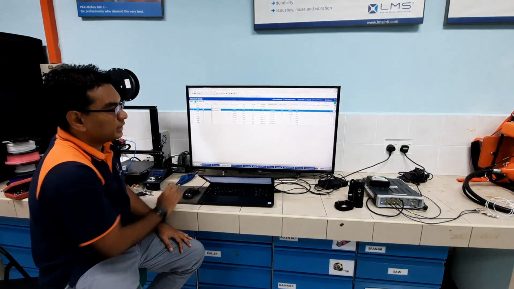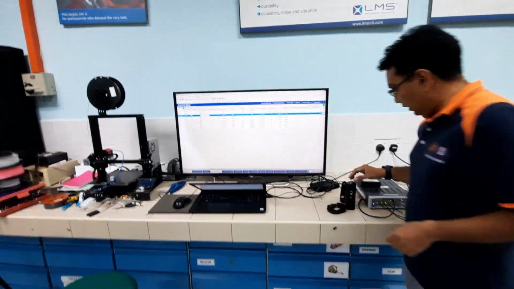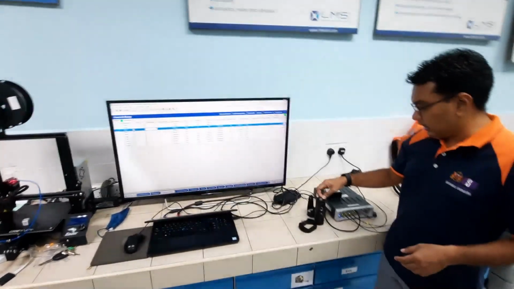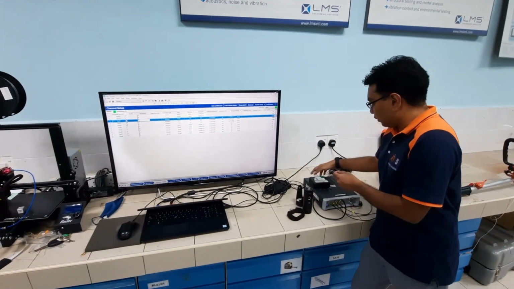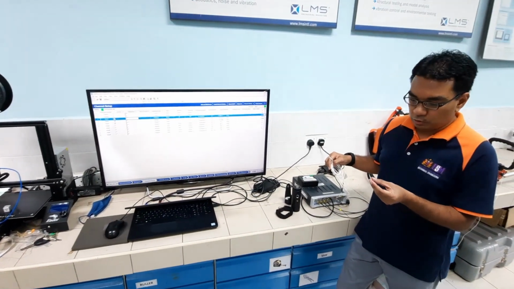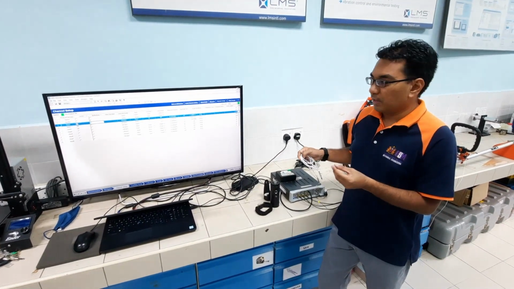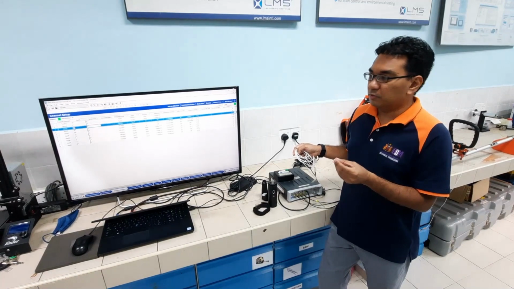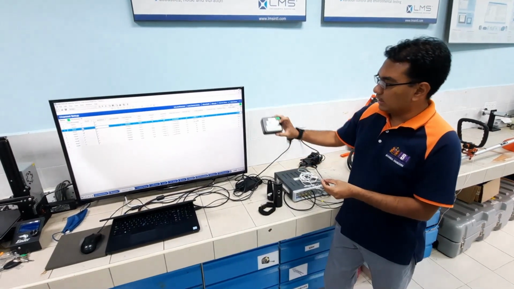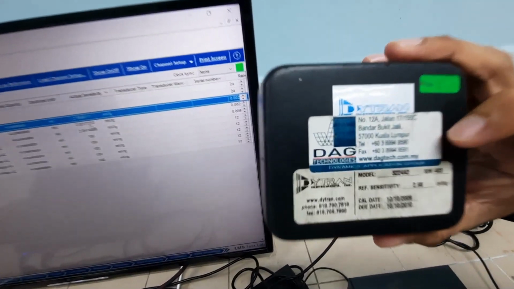Basically all the sensors in this measurement instrumentation, like the accelerometers we use, give a signal in terms of voltage. That's why we need a sensitivity value, which is basically written on the box when we buy the accelerometer.